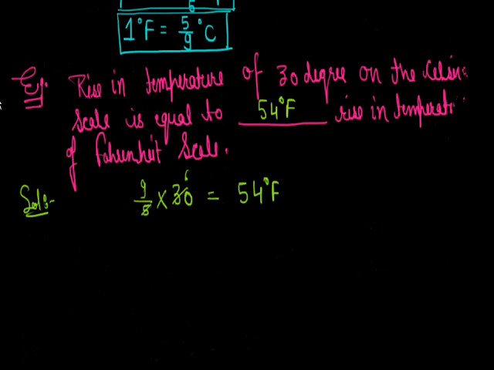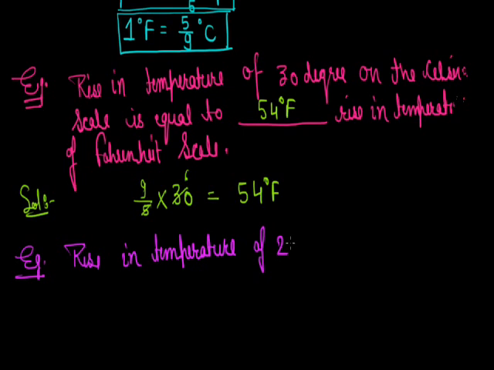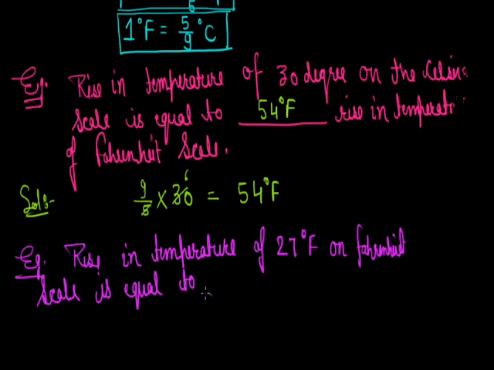Next example: a rise in temperature of 27 degree Fahrenheit on the Fahrenheit scale is equal to a rise in temperature on the Celsius scale.